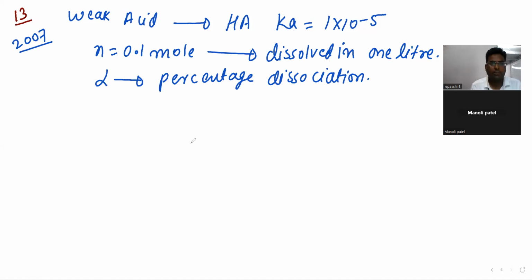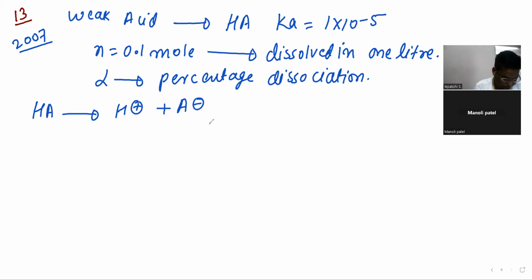So see the explanation now. You can write this as HA, the weak acid, right? So it dissociates into H plus plus A minus. Initially it is given, that is 0.1 mole.